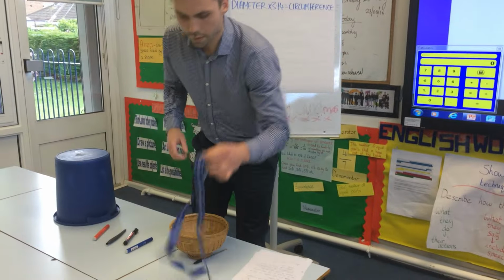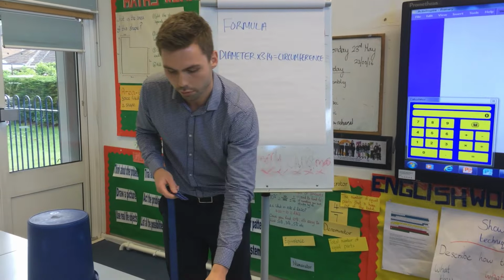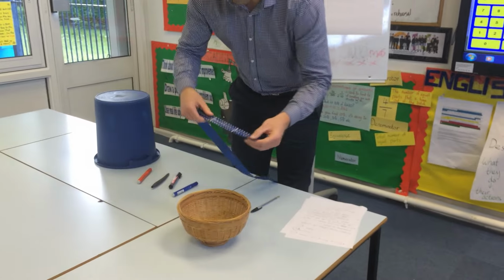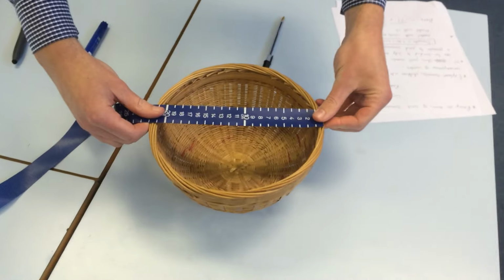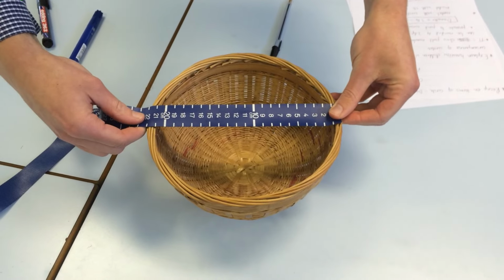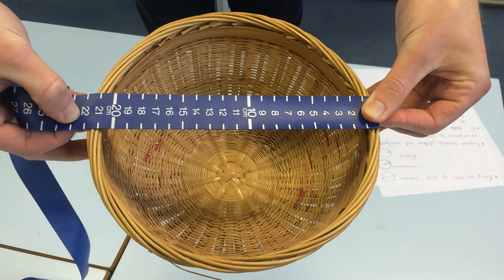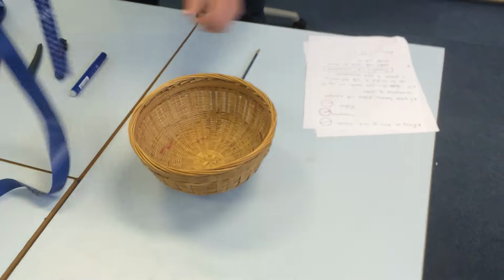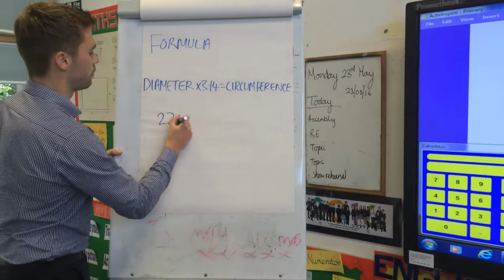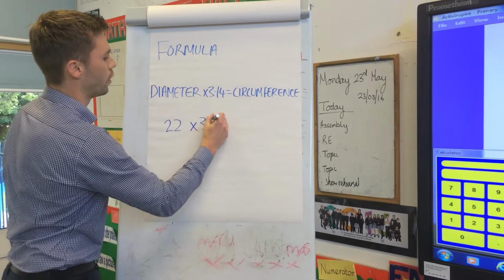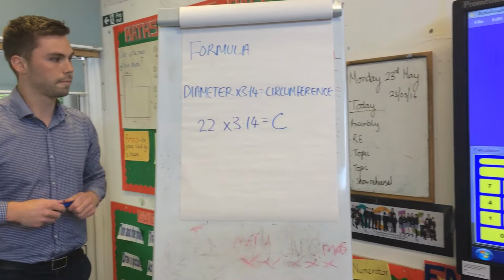So I'm going to use my measuring tape, and the first thing I'm going to make sure of is that I'm accurate with this. This is really, really important. So I'm going to measure the diameter, and I know if I go through the middle and I'm accurate, you can see that across is 22 centimetres. So my formula is going to be 22 times 3.14, which is pi, and that is going to give me my circumference.